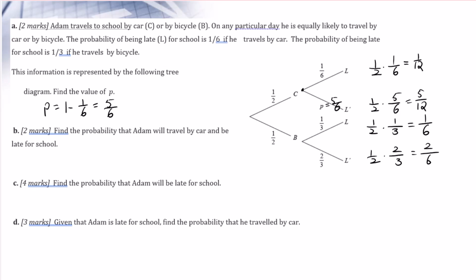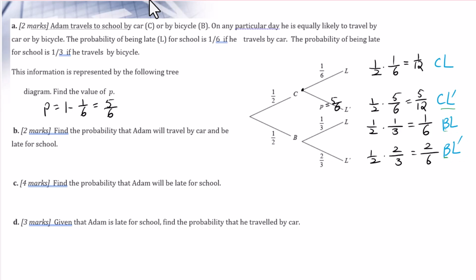Let's label: CL, CL prime, BL, BL prime. This means by car and late. This means by car not being late. By bicycle and being late. By bicycle and not being late.